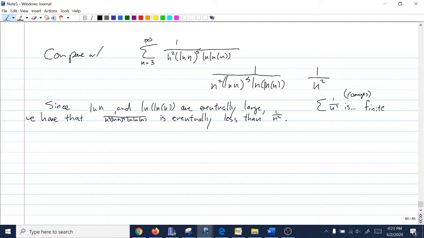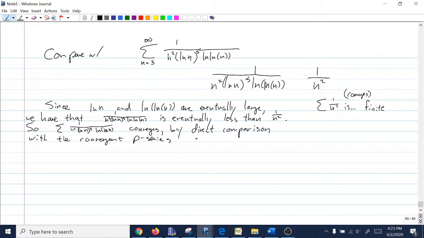Cool. So the sum of 1 over n squared log n to the 5th log n converges by direct comparison with the convergent p-series, sum 1 over n squared.